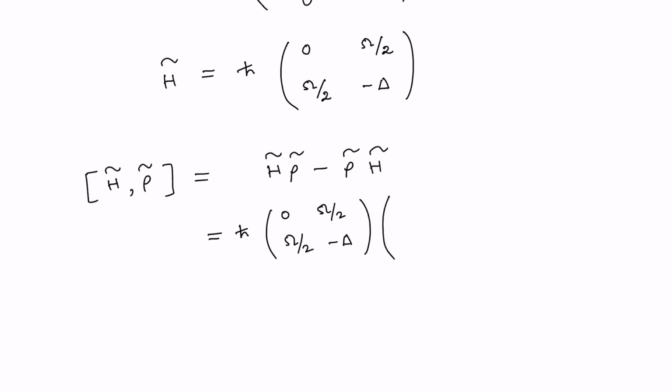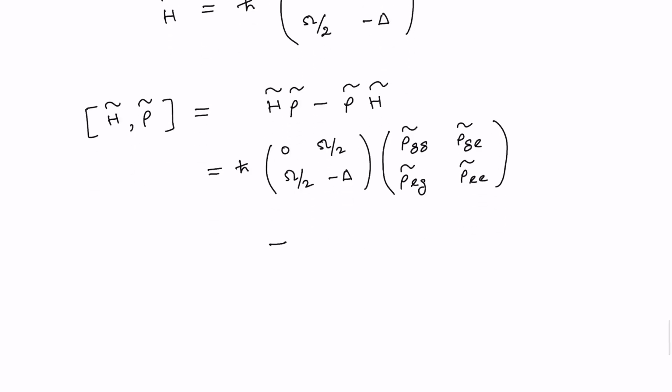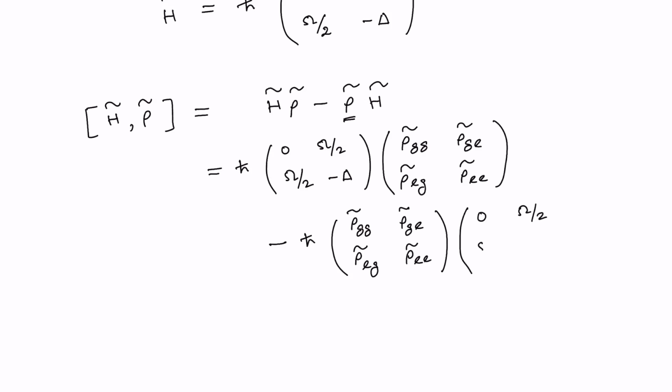Rho tilde is rho tilde zz, rho tilde ze, rho tilde ez, rho tilde ee. Then minus h cross, which is coming from h tilde, by the way. And then here rho tilde with rho tilde zz, rho tilde ze, rho tilde ez, rho tilde ee, and the h tilde part will give me 0, omega by 2, minus delta.